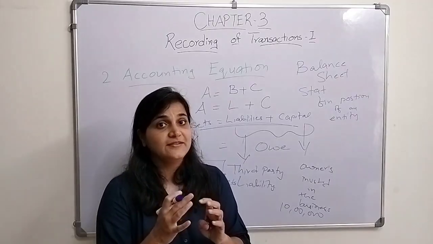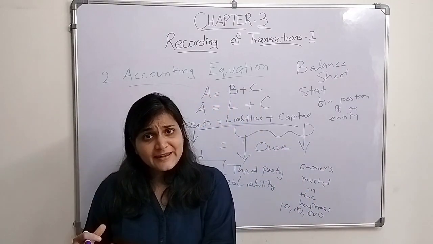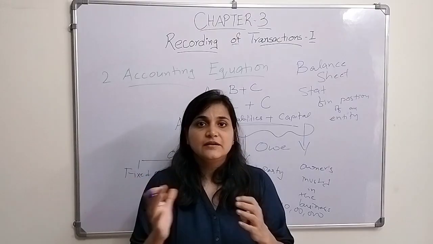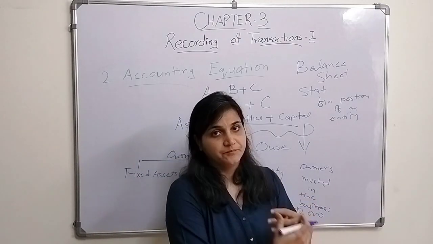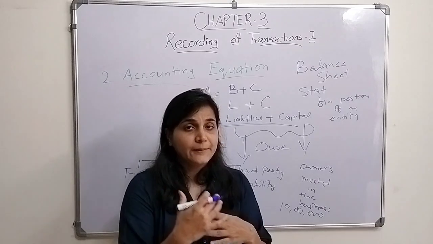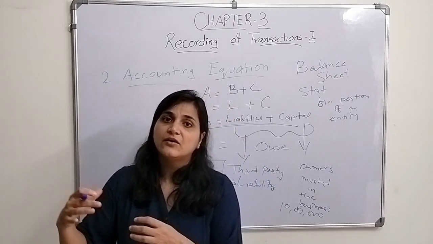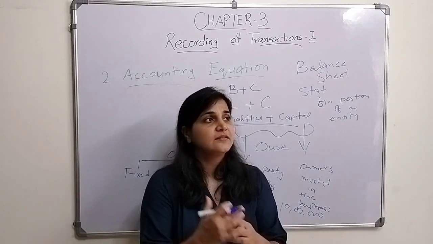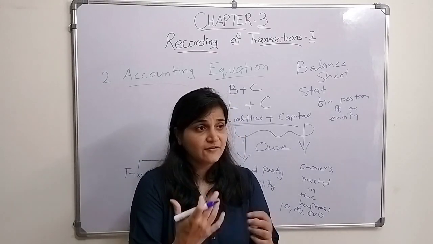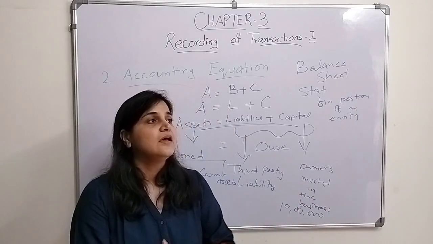These are all fixed assets which we can see and touch. Intangible assets, which we cannot see or touch, which have built up because of the reputation of a firm. Okay, goodwill, patent, copyright, trademark, these are all called intangible assets. Other fixed assets are non-current investments. If I have invested a certain amount somewhere, these are non-current investments.